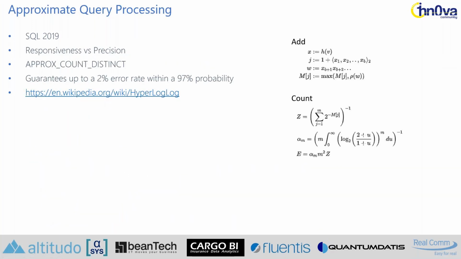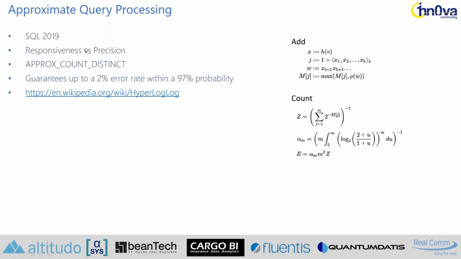And now let's go to approximate query processing, which is a feature of SQL Server 2019. This is the only feature that does not affect your existing code, because to use this feature, you have to use the new function APPROX_COUNT_DISTINCT, which guarantees up to 2% error within a 97% probability.